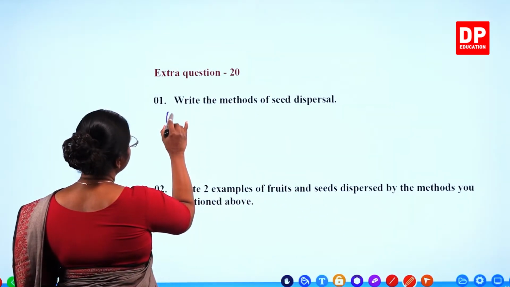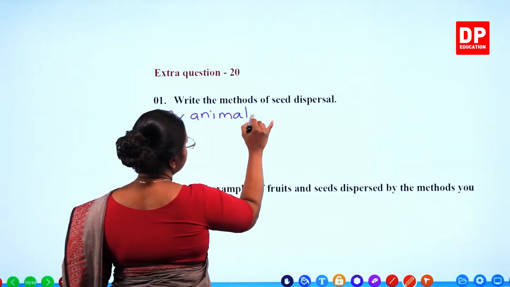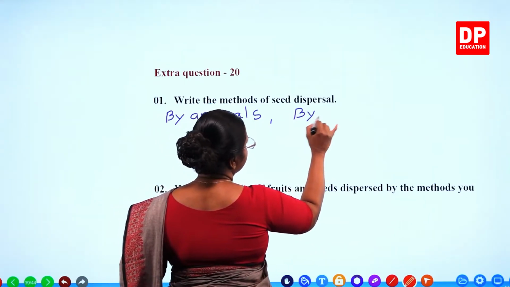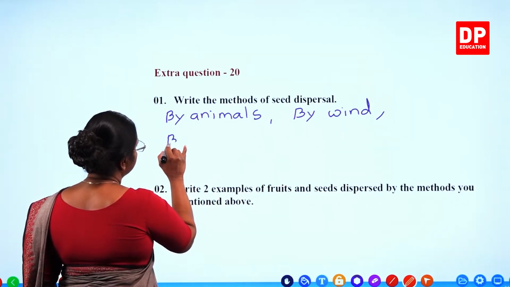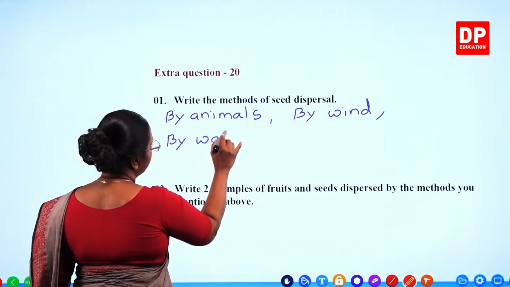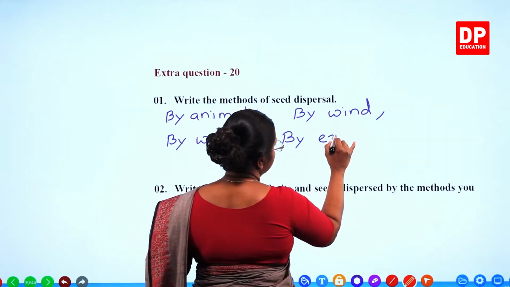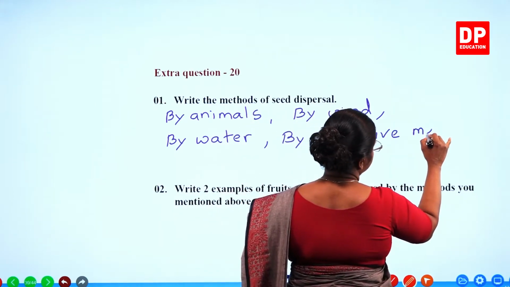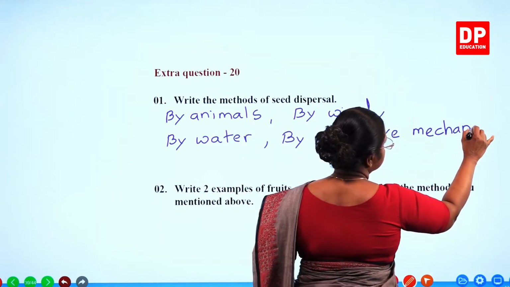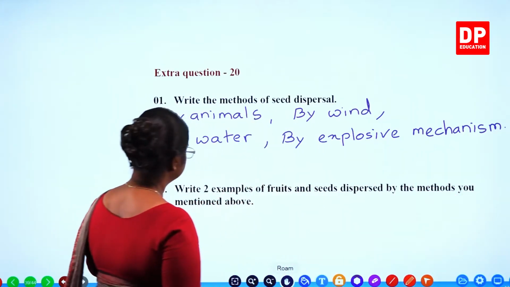So we can say by animals, then by wind, by water and by explosive mechanism.